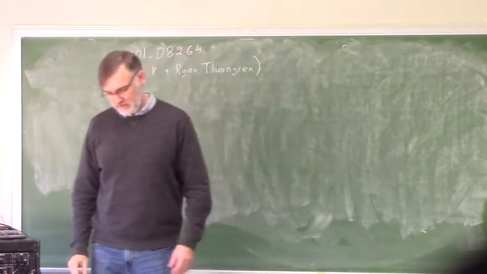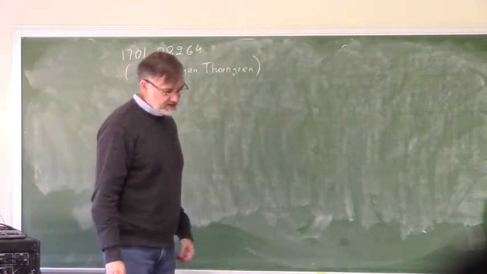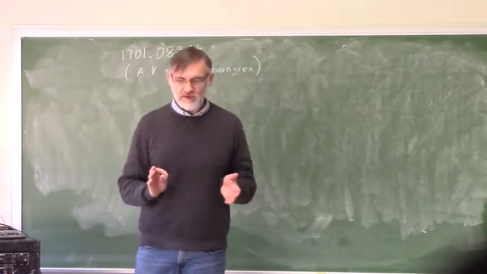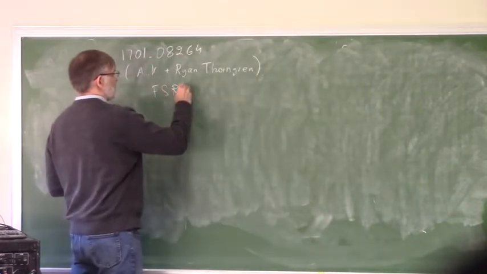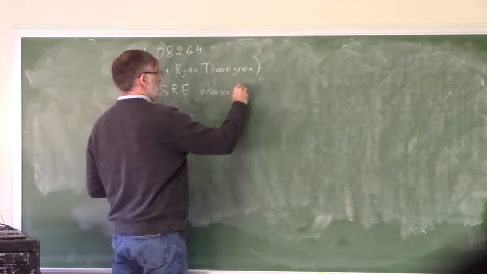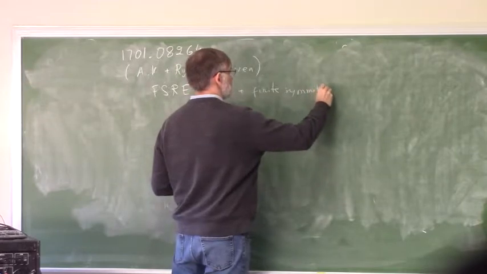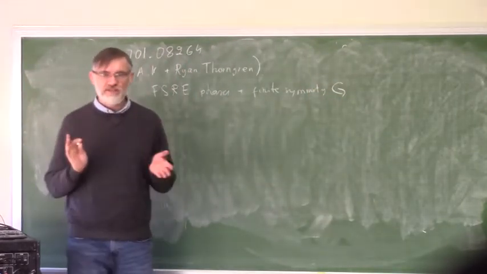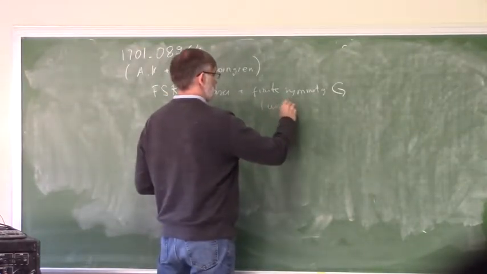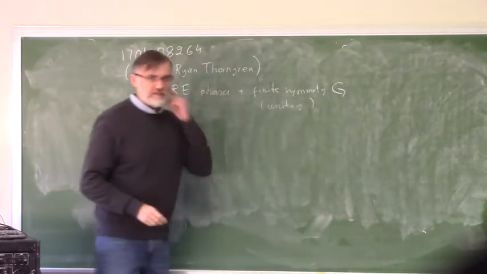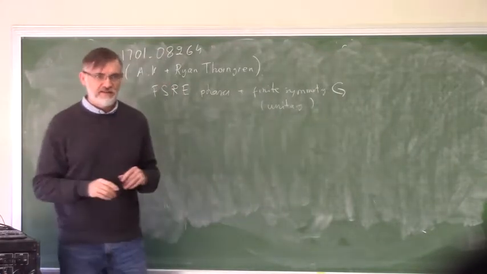In this paper we're discussing how to classify fermionic short-range entangled phases of fermions with some finite unitary symmetry, G. It's just a point symmetry, it doesn't act on space, it just acts internally. Usually it's a unitary symmetry, meaning that if you have time-reversal symmetry, it acts by anti-unitary, which is trying to move things in space, and we don't allow for that.